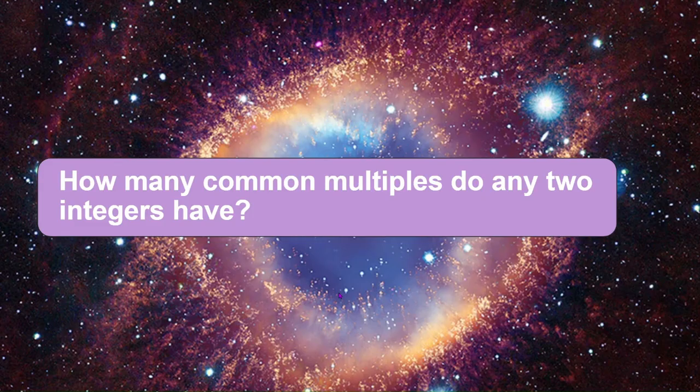Okay, so here's a question. How many common multiples do any two integers have? So take a second, maybe talk to someone next to you. Think about this. How many common multiples do any two integers have? So any two integers have an infinite amount of common multiples, right?